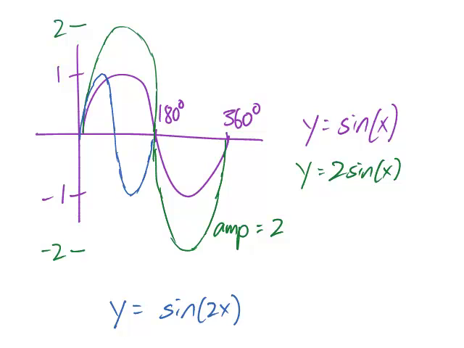The amplitude is still 1, right? You only go up to 1, you don't go down to -1. But notice that the period is now only 180 degrees. It only takes 180 degrees to do that one sine wave piece.